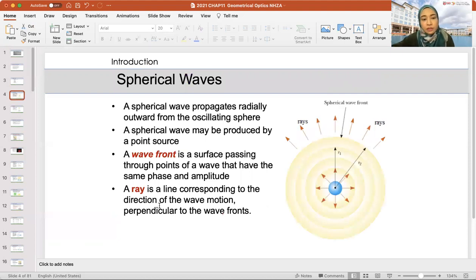So, a brief introduction on light as waves. When light propagates, it also propagates like sound in a sense that it also travels through a surface. Remember, I told you sound propagates in the form of spheres.